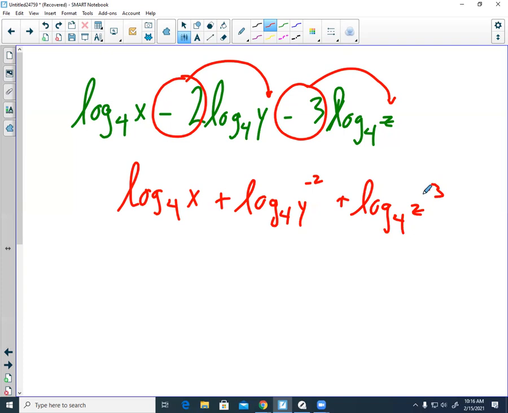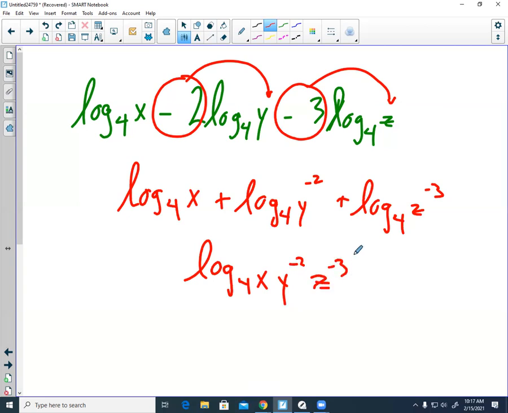Now, before you ask, this is literally just another option of what we just did. If you understood the last one and you don't want to learn a new method, then shut your brain off for a second. If you want an easier, shorter method, this is your easier, shorter method. So right here, you notice that it is all addition, which means it's all multiplication. So this will turn into log base 4 of x, y to the negative 2nd, z to the negative 3rd.